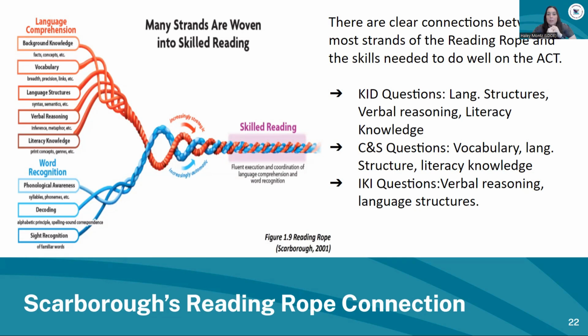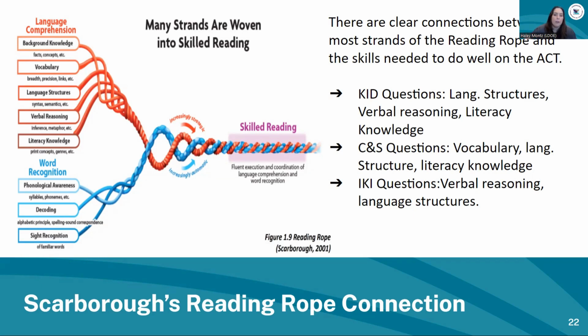And almost every single one of those strands exists and is assessed on the ACT, and it is in your instruction. The key idea and detail questions address components of the language structures, verbal reasoning, knowledge language strands, and then the craft and structure questions address vocabulary, language structure, and literacy knowledge. And lastly, the integration of knowledge and idea questions address verbal reasoning and language structure as well.